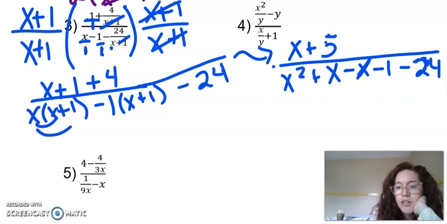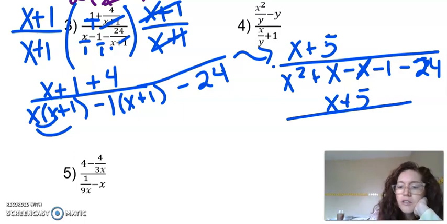So x squared sticks, 24, negative 21. So I'm going to have x plus 5 over x squared minus 24, and the x's go out.